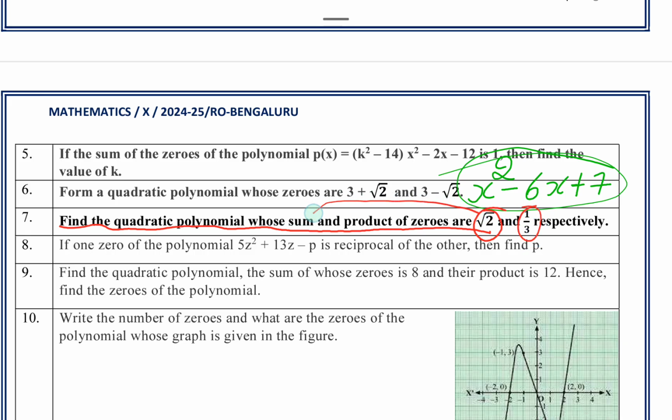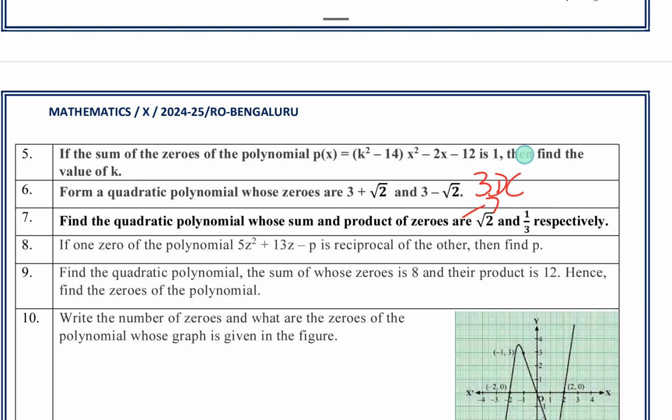Here the sum is root 2 and the product is 1 by 3. Then the equation will be, I will write this one here, seventh one, 3x square minus 3 root 2 x plus 1. This is the answer you will get.